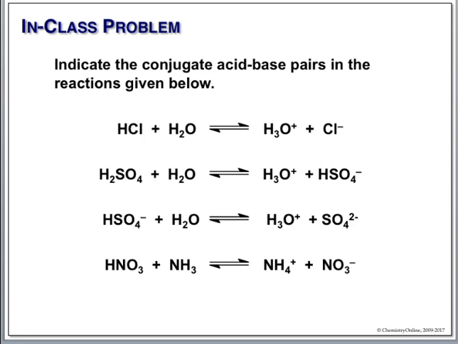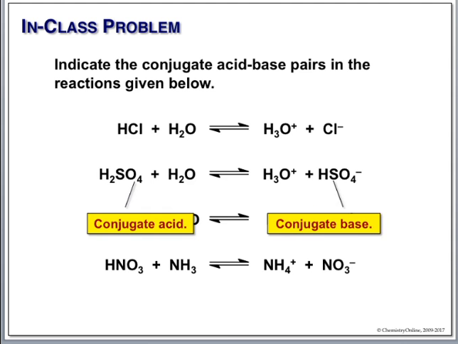Sulfuric acid, we can do it twice with sulfuric acid, can't we? If sulfuric acid loses a proton, it would be the acid form, right? If it loses one proton that gains a negative charge, what is it? Hydrogen sulfate. This is the acid, and this is the conjugate base. We lose a hydrogen, and we gain a negative charge.